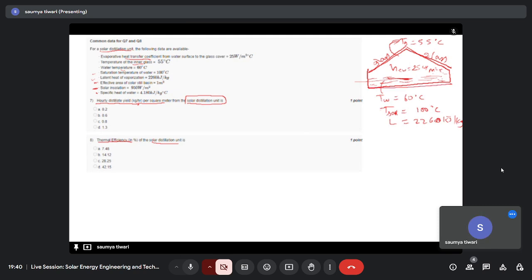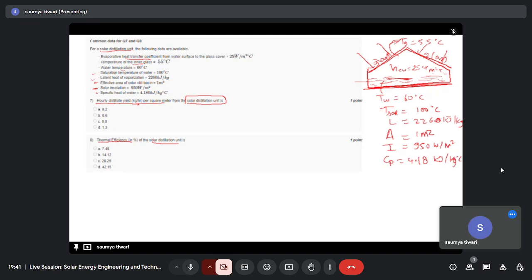So this effective area of the solar still basin is given 1 meter square, and solar insolation is given 950 watt per meter square. And specific heat of water we know that 4.18. This is in kilojoule per kg per degree Celsius, right?